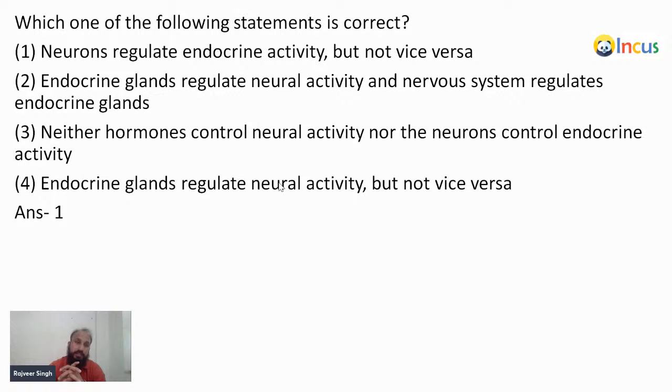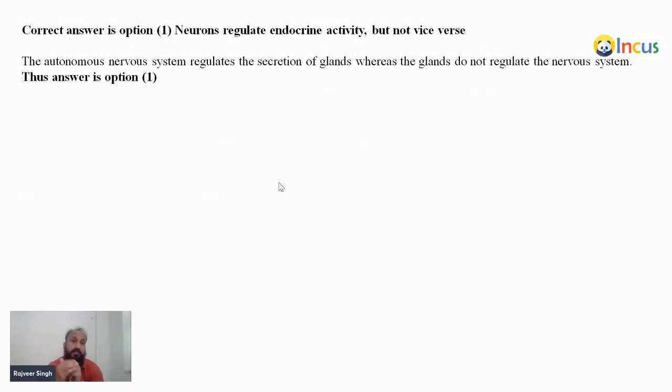The answer will be first: neurons regulate endocrine activity but not vice versa is the right answer. The autonomic nervous system regulates the secretion of the glands, as we saw in the theoretical part, whereas the glands do not regulate the nervous system. That is why option first is the right answer to this question.